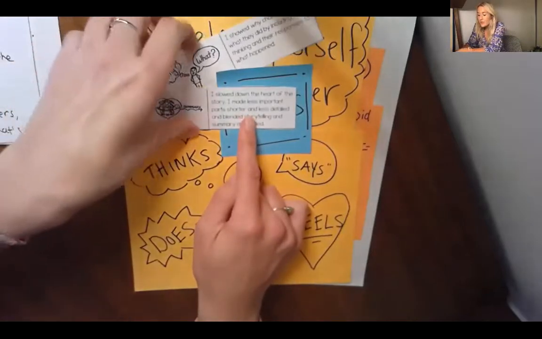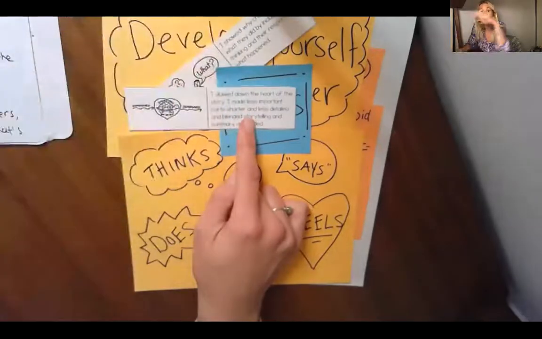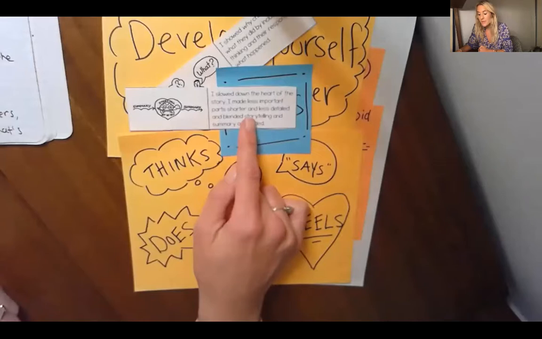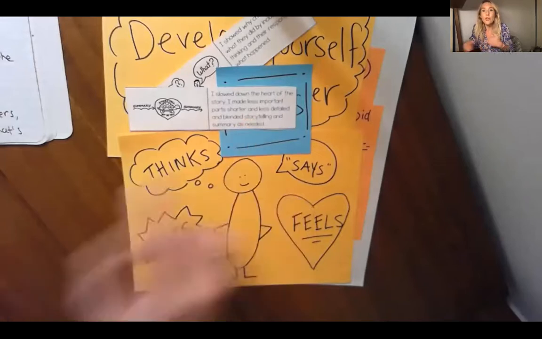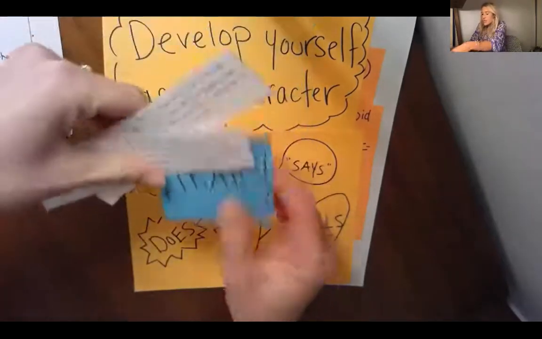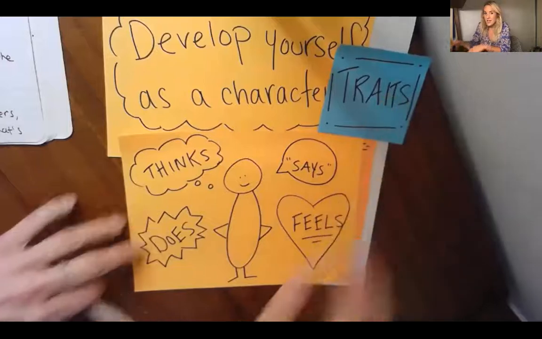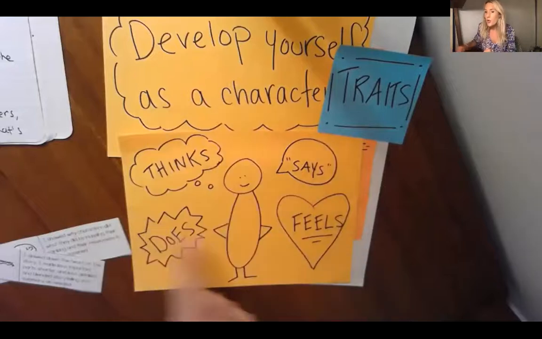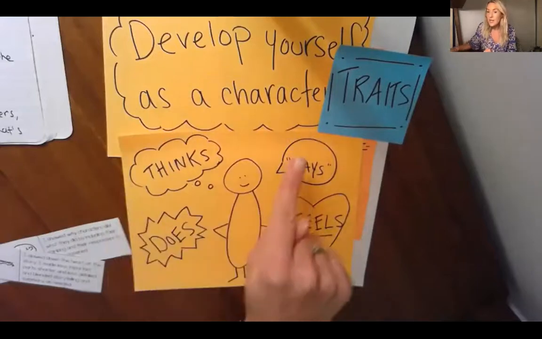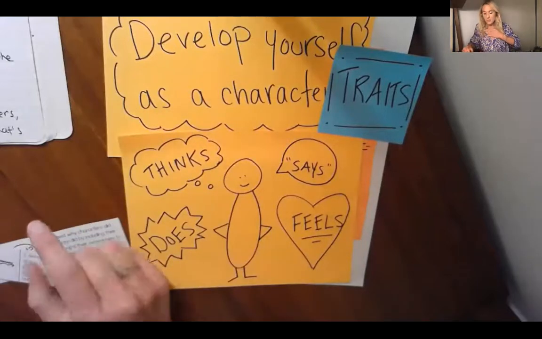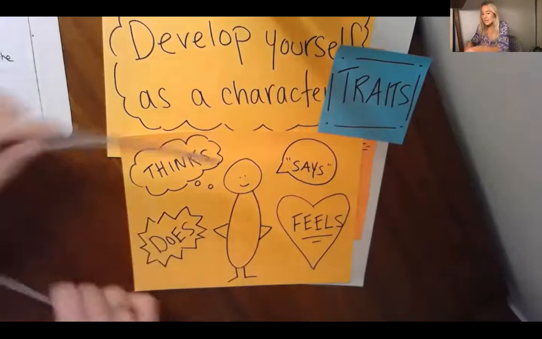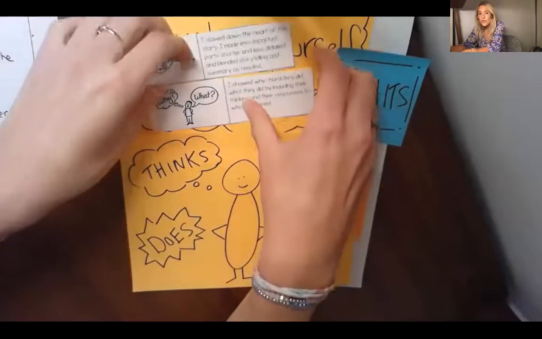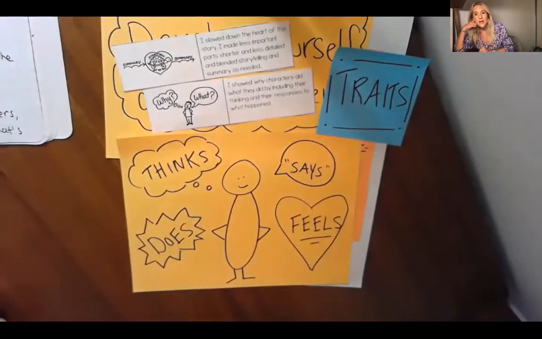So what I'd like you to do is open up your document if you haven't already, your ongoing document or your digital notebook. Think about what you are like as a character, using some of these reminders to help you. Then start writing it into your piece, using what you know to be true about showing what a character's really like, using what you know to be true about yourself, and also checking in to make sure that you're using the tools and you're staying true to your goals as a writer.